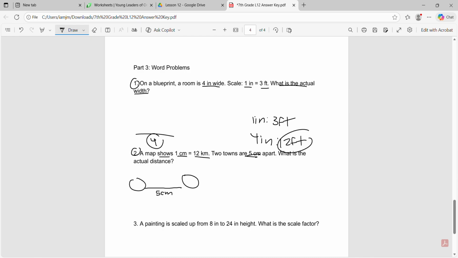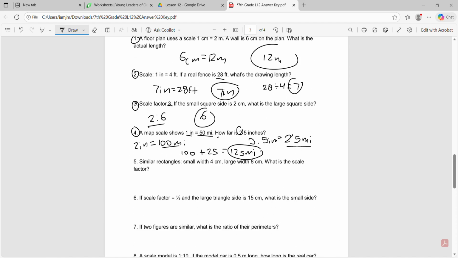To find out the actual distance in real life, we just multiply by 5, multiplying both sides. So 5 times 1 and 5 times 12 is 60 kilometers. 5 centimeters on the drawing is 60 kilometers in real life. So the actual distance is 60 kilometers, and that will be our answer for number 2.